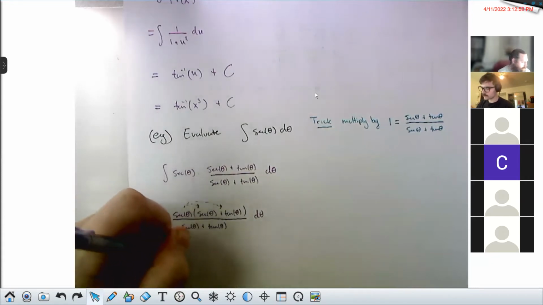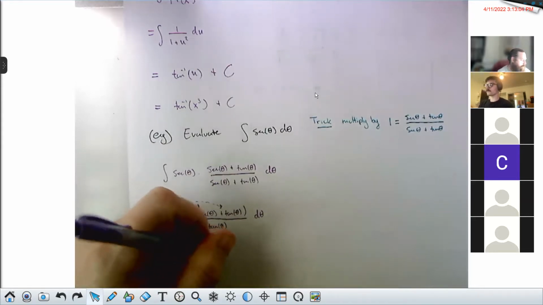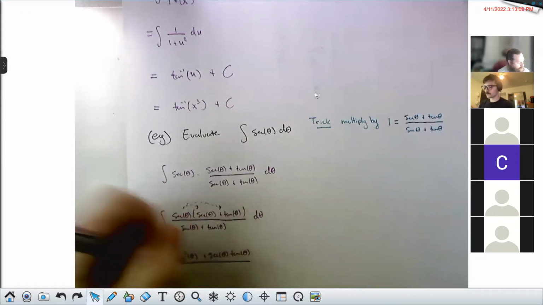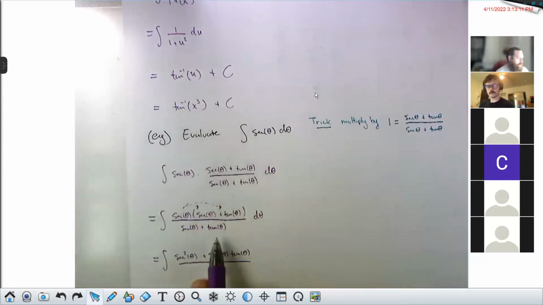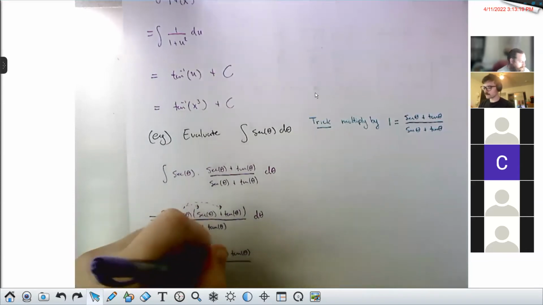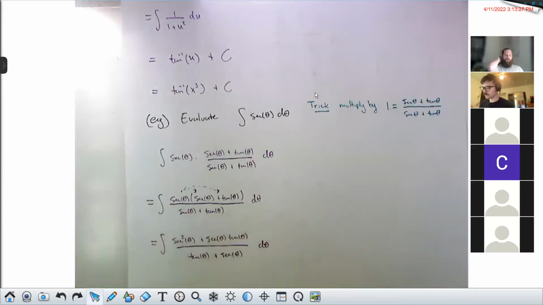I get secant squared theta plus secant theta tangent theta divided by, I'm going to change the order of the addition downstairs. You don't have to do this, but it makes it easier to see. So having done this genuinely bizarre bit of algebra, does anybody see a substitution?